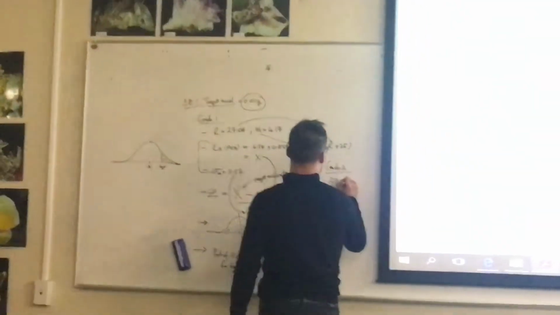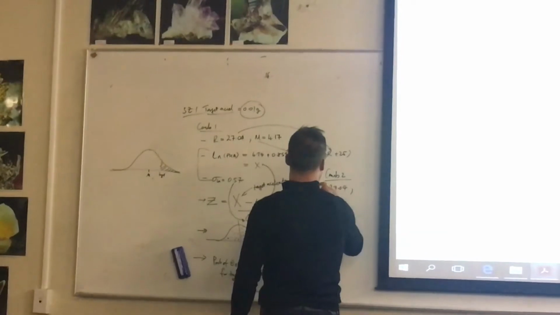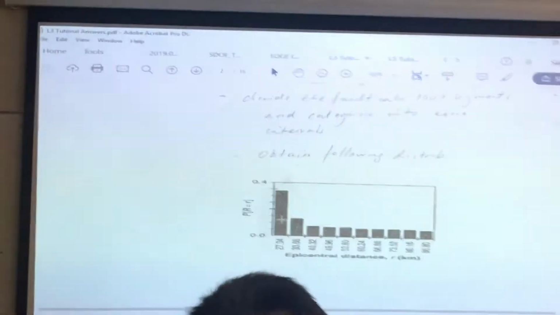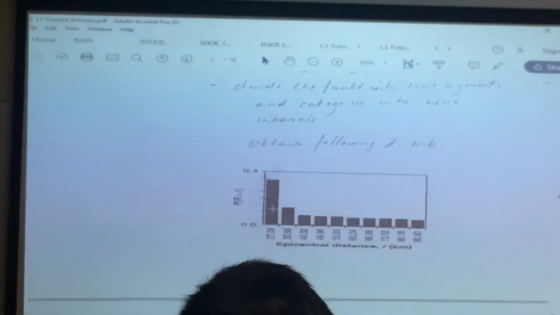We'll do the same thing for combination 2, which will be 27.04 with a magnitude of 4.5.